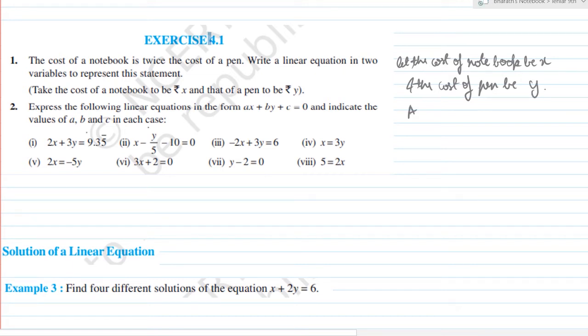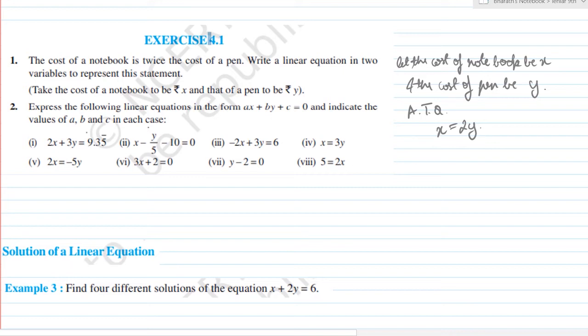According to the question, the cost of the notebook is twice the cost of the pen. So the cost of the notebook, x, is equal to 2 times the cost of the pen, right? In this, write a linear equation in two variables to represent this statement.